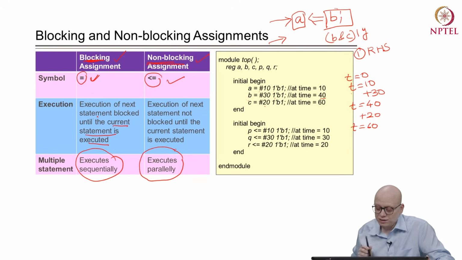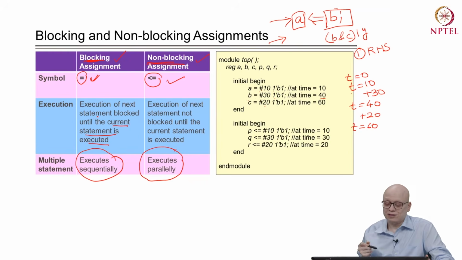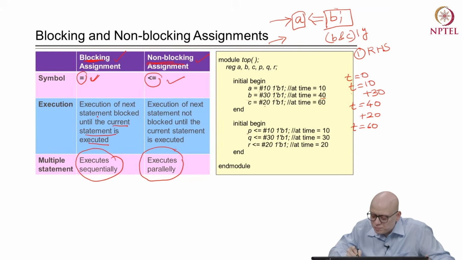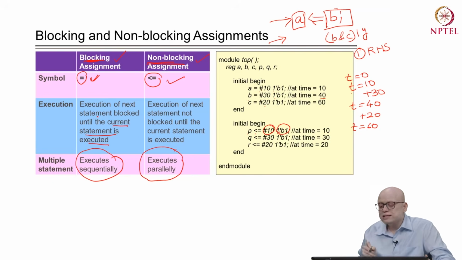non-blocking assignment. Now, in non-blocking assignment, as I said, the execution happens in 2 steps, right. So, when it encounters P non-blocking #10 1'b1, it simply says that okay, I want to assign the RHS, in this case simply 1, to P, and at what time? At time 10.